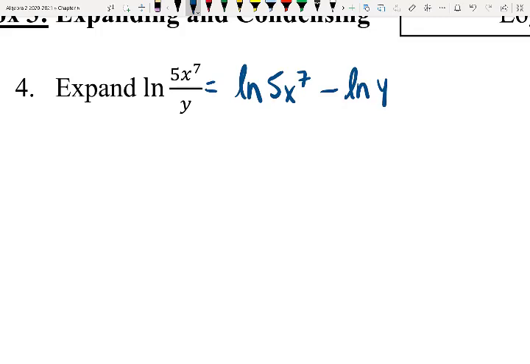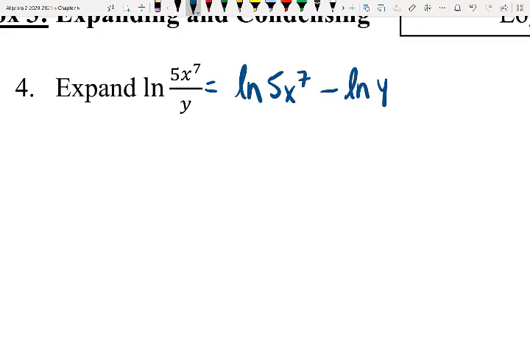So I'm just taking that division and splitting that up into two separate terms with subtraction. And we know that subtraction-wise, it's always top minus my bottom. So my numerator was 5x to the 7th. So now that's my first term, and then my denominator was y. From here, my furthest right term is all the way simplified and expanded out as far as we can. Natural log of y cannot be rewritten any further.